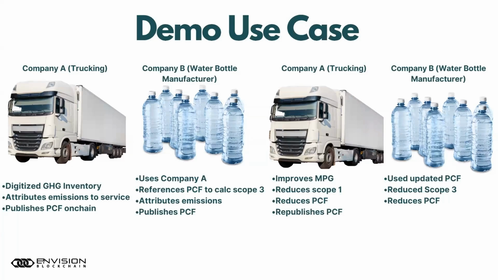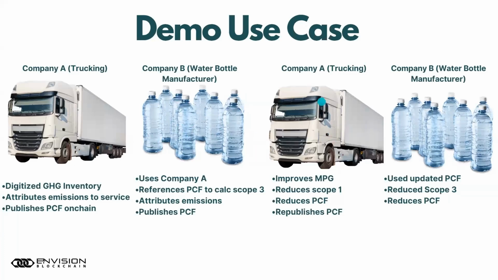Company B is a water bottle manufacturer that uses Company A for their upstream transportation. They reference their PCF to calculate Scope 3 emissions from upstream transportation. They also attribute those emissions to the PCF for their water bottles. So part of the water bottle supply chain is going to include that transport. So that's actually going to impact the product carbon footprint of the water bottles they manufacture.